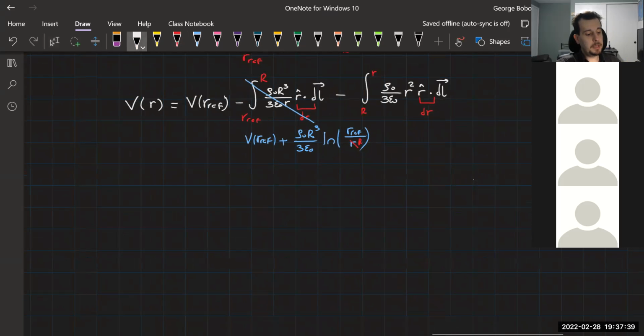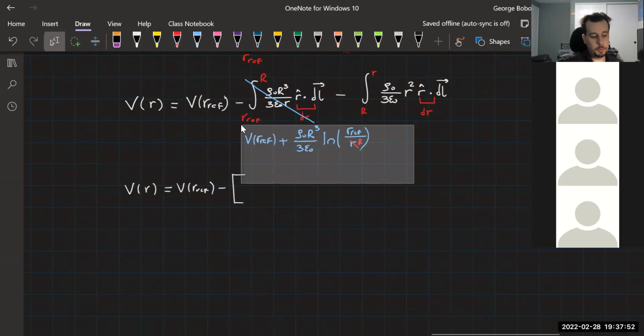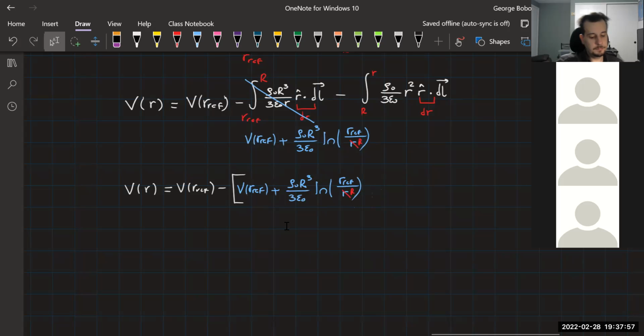Perfect. So I keep plowing through with this. What have I remained with? I have V R ref minus all of this stuff over here. The blue stuff is going in the bracket. Okay, again, this is r like that. So as you can see, those go away.